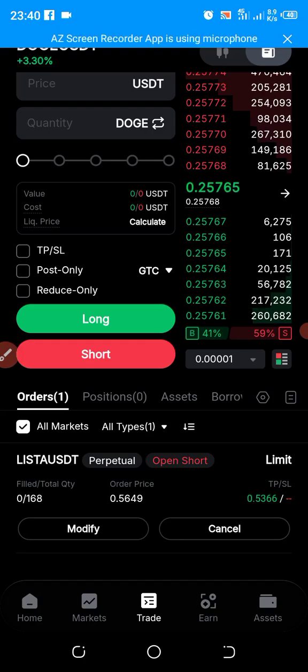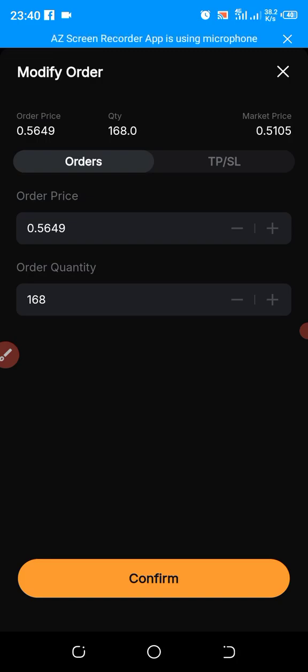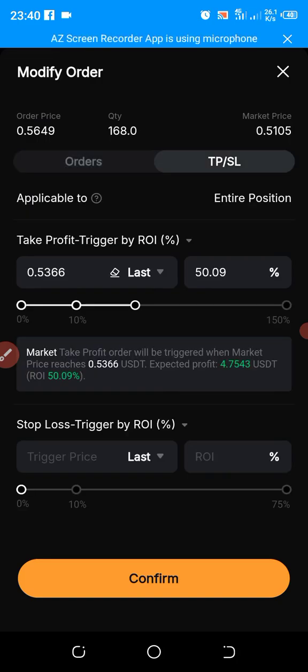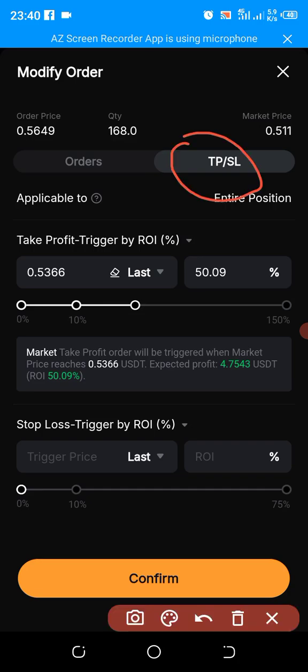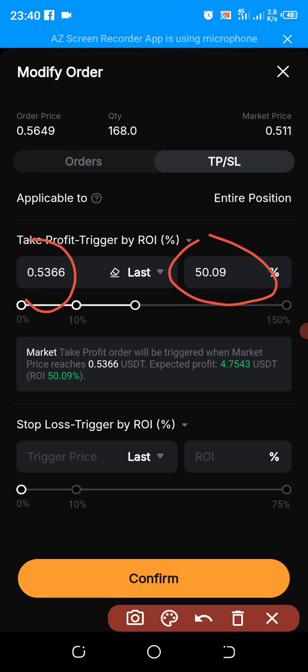Okay, it has gone back again. Click on it. You can see that I have currently set up my take profit. To set up your take profit, you don't need to click here. Just click here, the percentage area, so you can take profit.